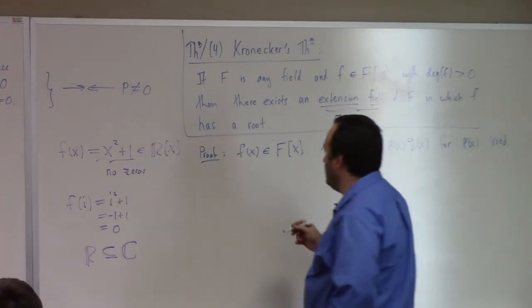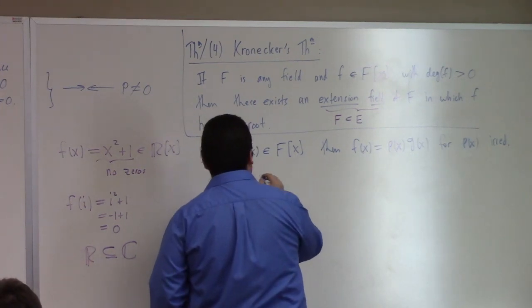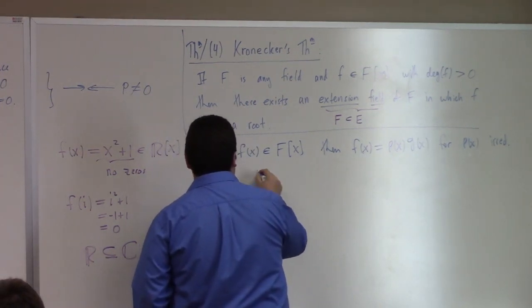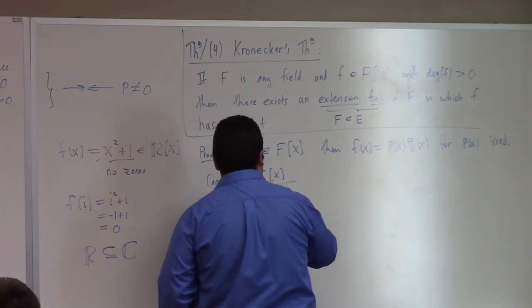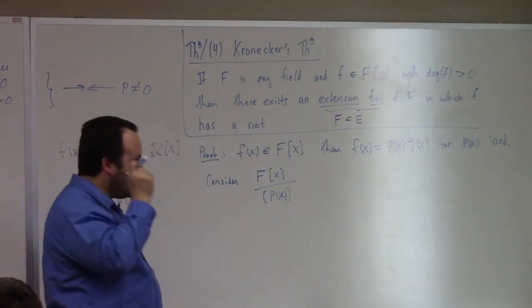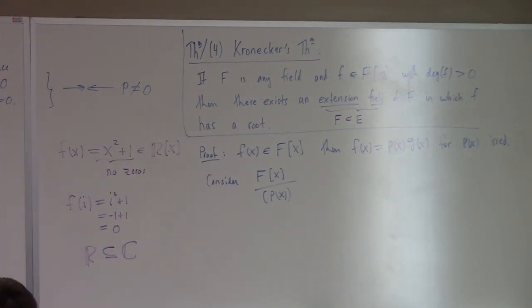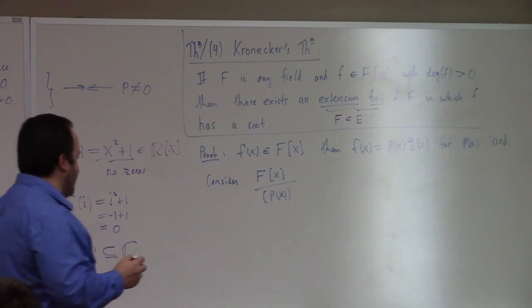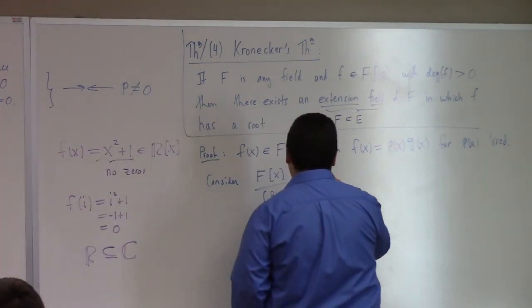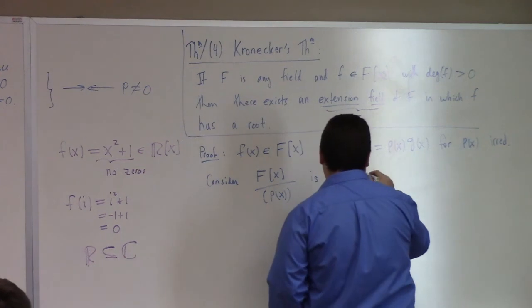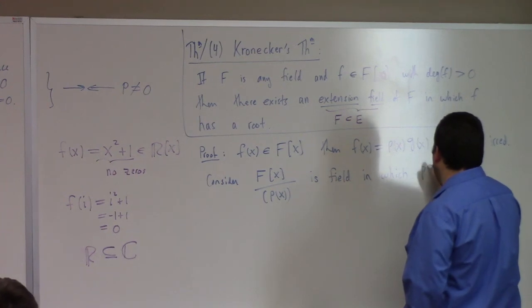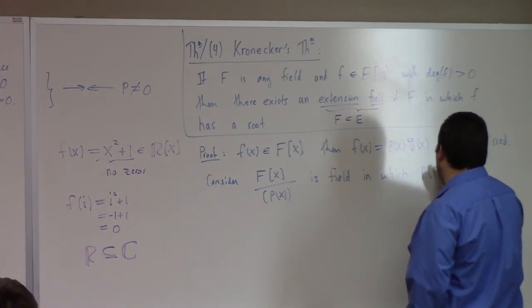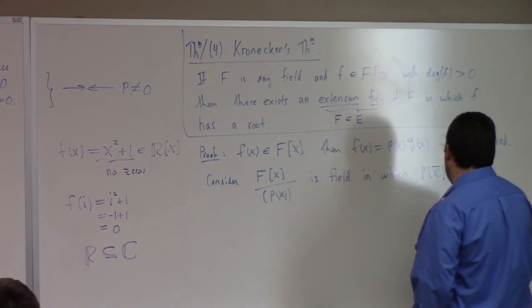Then all you do is you consider F[x] mod the ideal generated by p of x. That is a field. Why is it a field? It's a field in which p of x bar, if you will, is identified with 0.